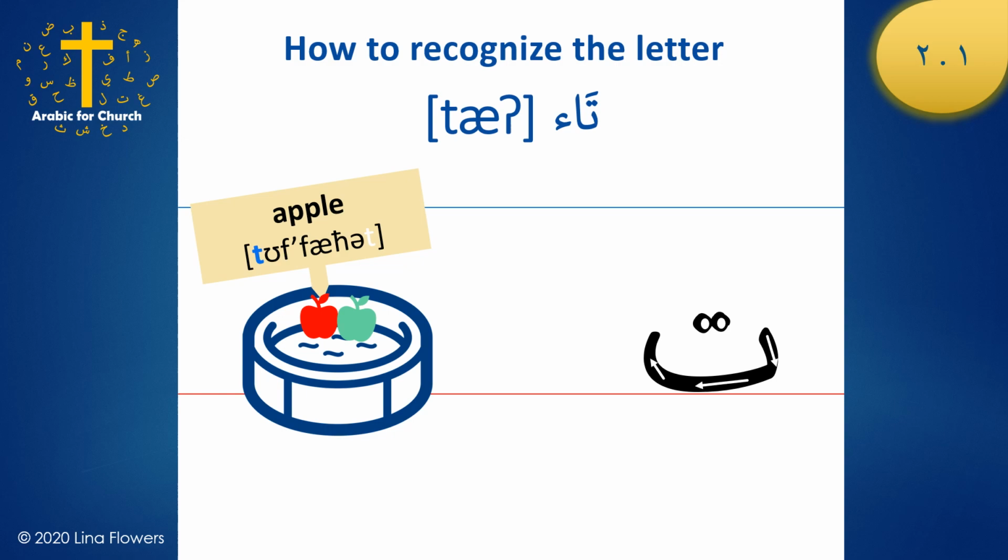So this is how you know where to place them. You don't place them deep in here and not flying out over here. They're exactly floating on this imaginary pool of water. The reason I chose an apple is because apple in Arabic is tufaha, and it starts with the sound t.